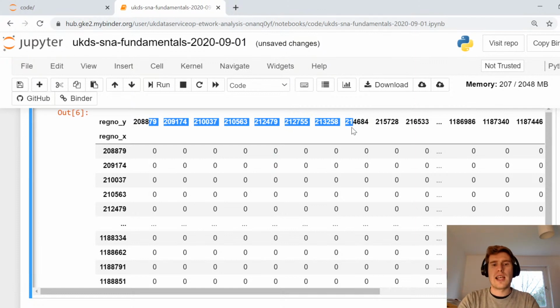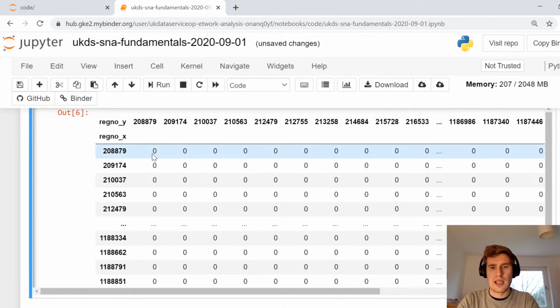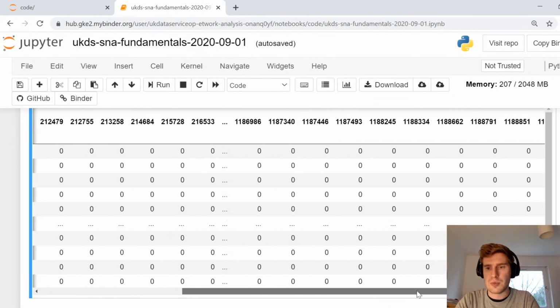In each cell a 0 tells us those 2 charities are not connected, and a 1 would tell us those 2 charities are connected. Because there are 1,100 rows and 1,100 columns, the notebook is not going to show all of it. You can see the ellipses saying that there are lots more columns in between that we haven't looked at.